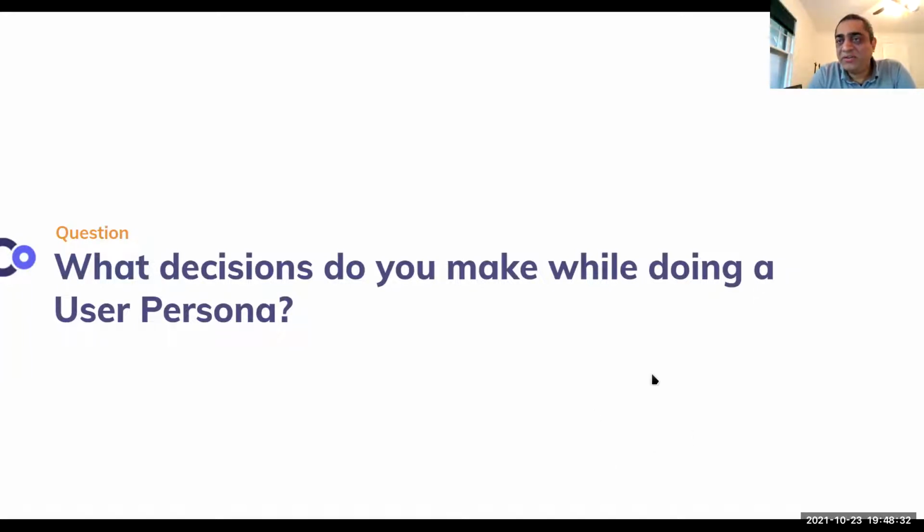User needs and behaviors are data that you get. So using that data, what decision do you make? Nirupama says, what is their motivation, goals, needs? But that is what is in a persona, right? But using that, what decision do you make in your product? How do you decide what you're going to do within that product?